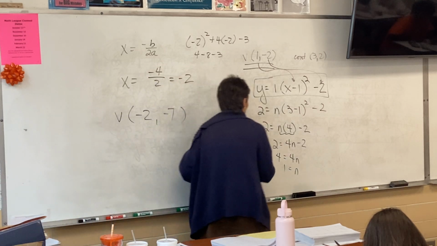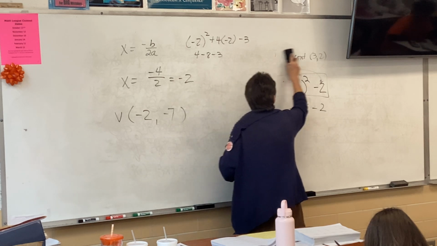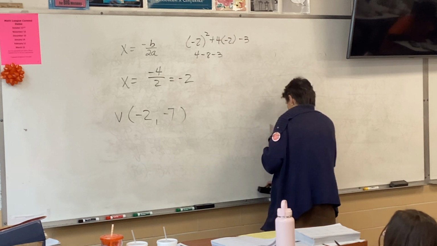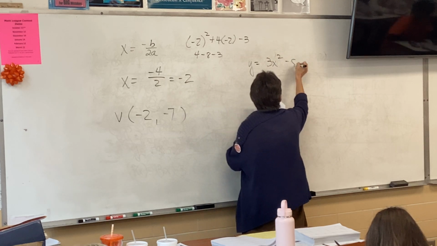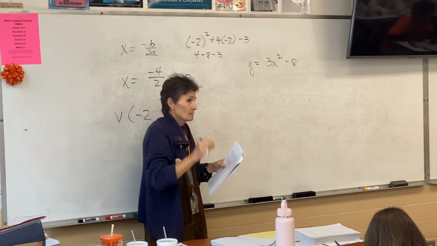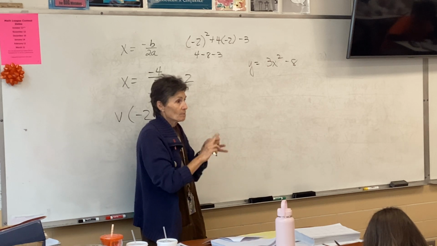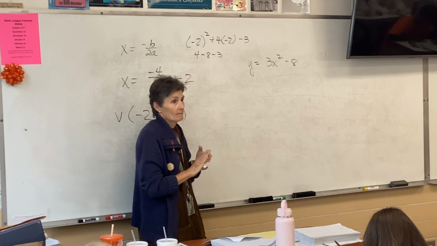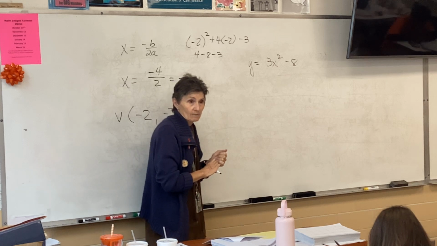Oh, there's another one, just like it. You wanna find the vertex, axis of symmetry, and direction of opening for this equation. Now be really, really careful here. Something's missing out of it, right? Is it the A term, the B term, or the C term that's missing? B. There's no X, right?